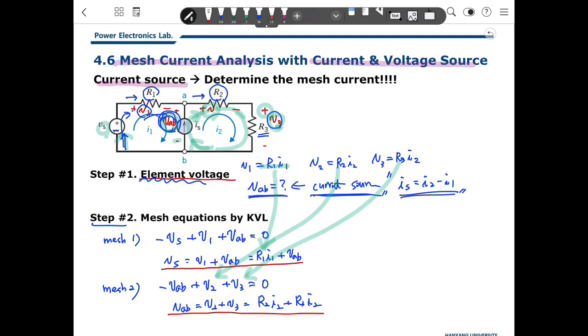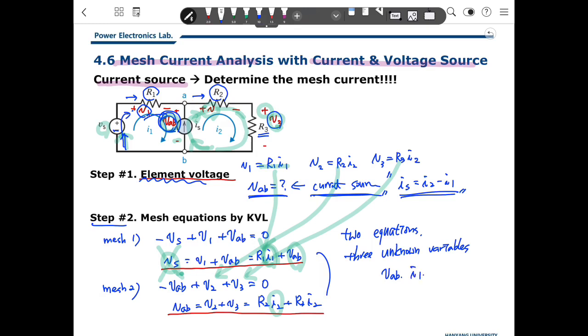How many unknown variables are there? We have 3 unknown variables. What? Vs is a given value, so the unknowns are VAB, I1 and I2. So we have 2 equations, but we have 3 unknown variables, right?